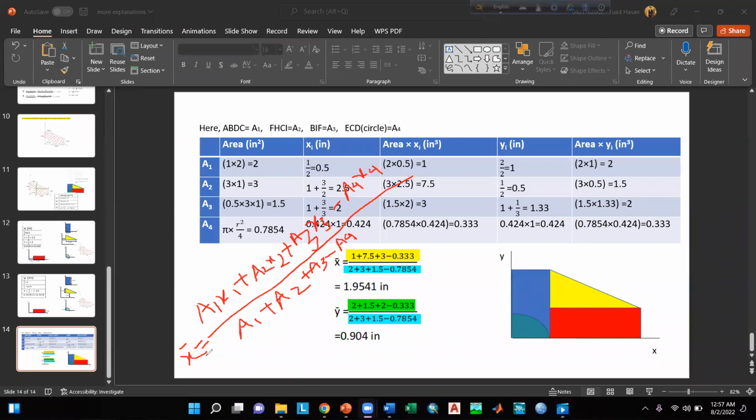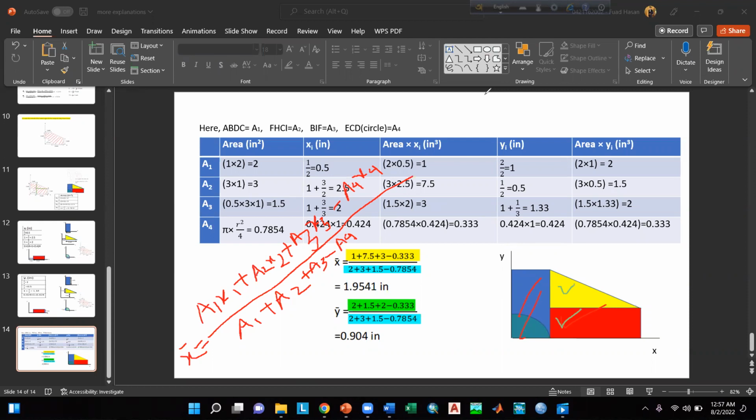So here x bar equals a1 x1 plus a2 x2 plus a3 x3 minus a4 x4. As I mentioned earlier, if you add a1, then this a2 portion, and a3 portion, and then subtract the a4 portion, it will give the final shaded region.